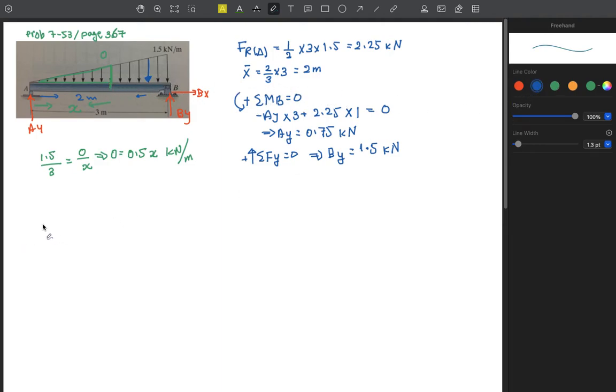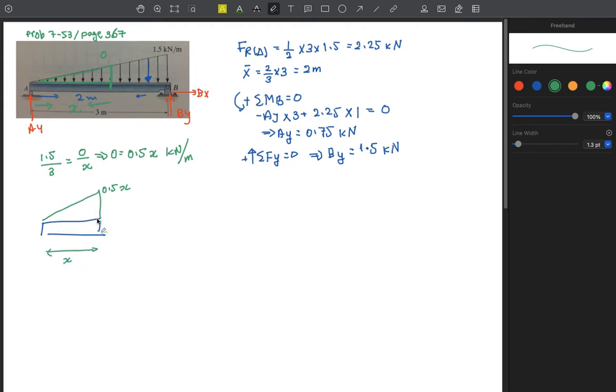This is the section we're working with, and we have our distributed loading with a height of 0.5x, and this distance is x.